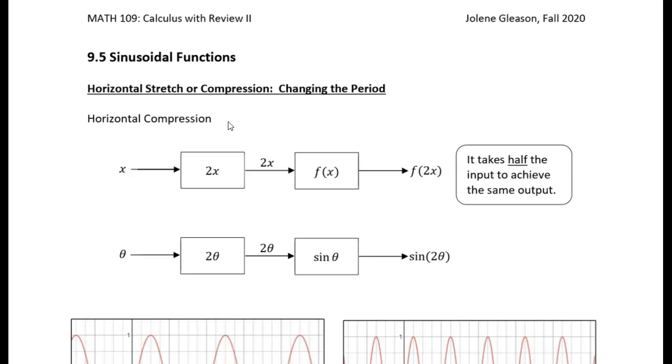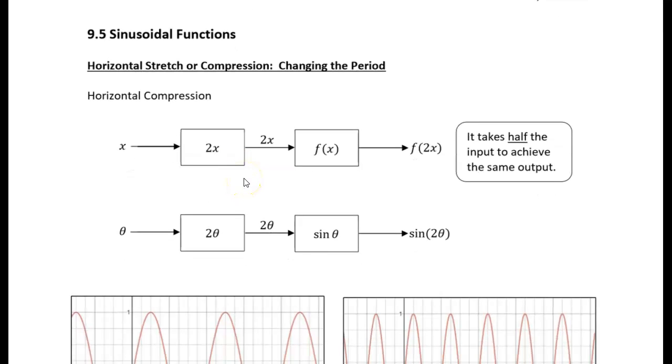All right, now I think that the horizontal transformations are a little more confusing because they seem a little counterintuitive when you first encounter them. So let's just take a look at what I've got here. So the horizontal compression. So basically what I've got is f of 2x. Now you might have done transformations in 108. I think you did. And you learned that this is a compression.